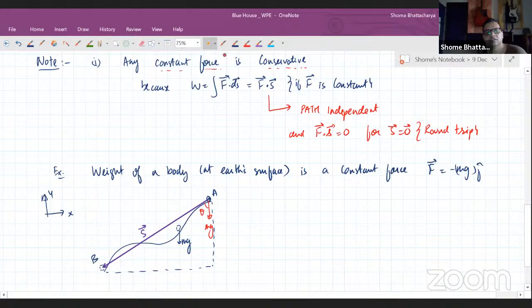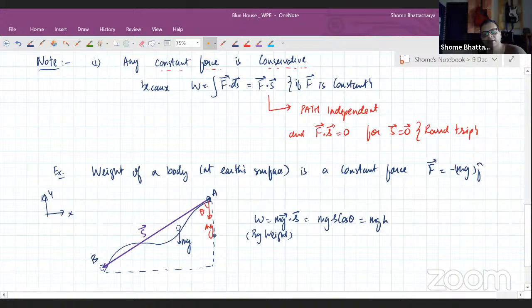And if this angle is theta, the work done is mgs cos theta. In fact, that becomes mgh, where h is the height difference between these 2 points. So you can see it is independent of the path. It only depends on initial position and final position.